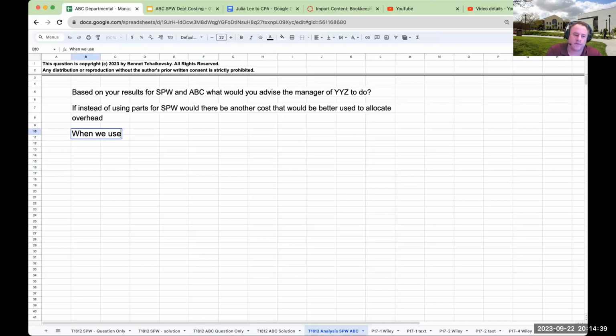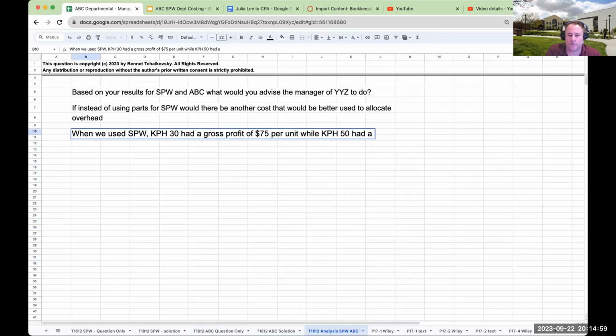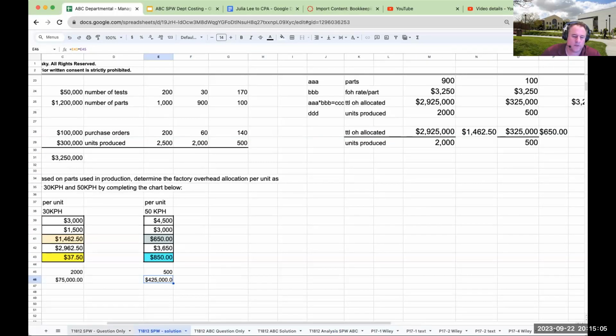When we used single plant wide, KPH 30 had a gross profit of $75 per unit, while KPH 50 had a gross profit of $850. Excuse me, this is $37.50 and $850.